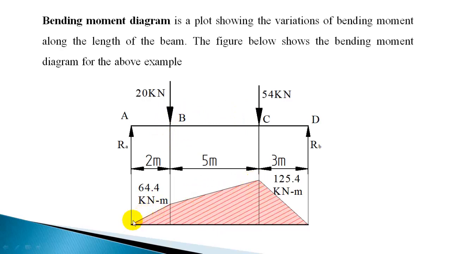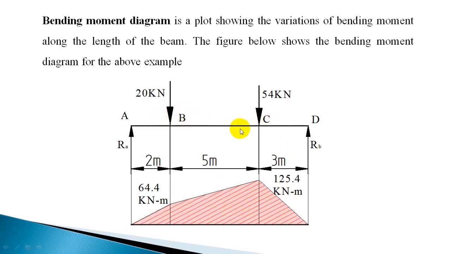So from 0, the variation is linear in all the sections because point loads are acting, no other type of load is acting. So bending moment at B is 64.4, bending moment at C is 125.4, and the variation you can show linear. So this way you can show the variation of bending moment along the length of the beam. So that will give the bending moment diagram.